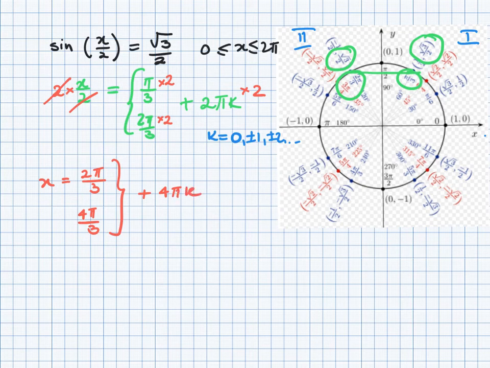Now, when k is equal to 0, this part here will be eliminated, and we're gonna end up with those two solutions.